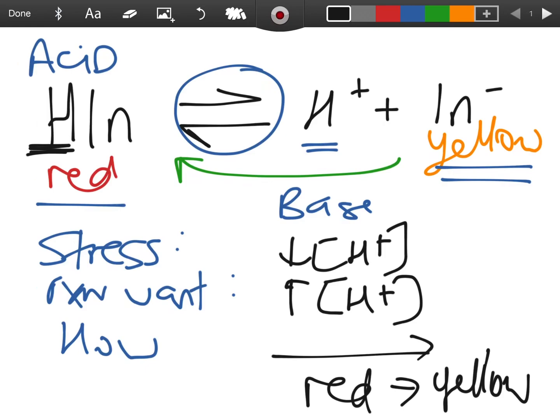Now, sometimes in the titration question, they might ask you, why do you only add a few drops of indicator? Well, the reason you only add 1 or 2 drops of indicator is because the indicator itself is a weak acid. So by putting more indicator into the conical flask at the start of the titration, you are changing the pH of the solution in the conical flask.